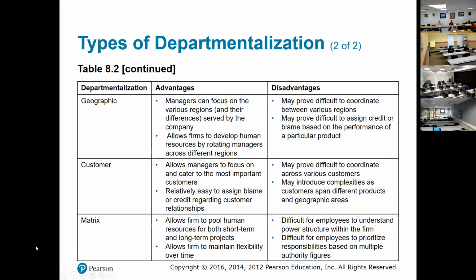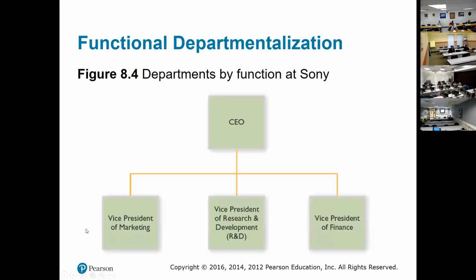And then you may do a departmentalization in a matrix, where you get to pool your resources for short-term or long-term projects, but sometimes it's difficult for employees to really grasp that matrix setup. So it's usually easier for them to see some of these other departmentalizations. So that's a typical functional organization chart.